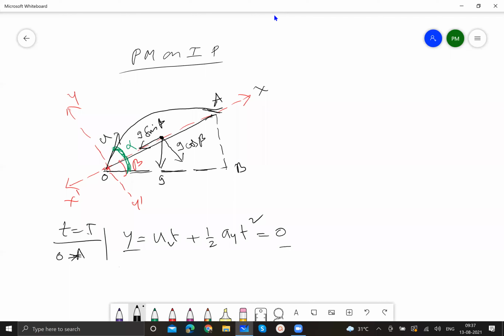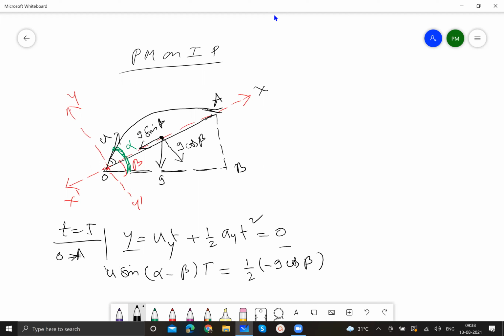Here the angle made by the velocity vector with the inclined plane becomes alpha minus beta. So we get u sin(alpha minus beta) into time of flight equal to half into a_y. This is the vertical component of acceleration we should take, because initially it is moving up.